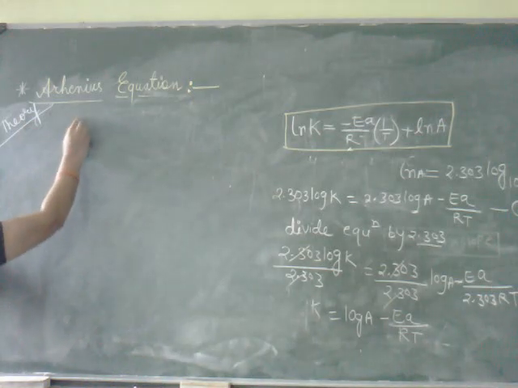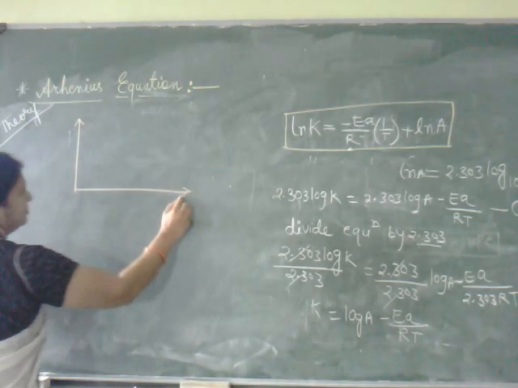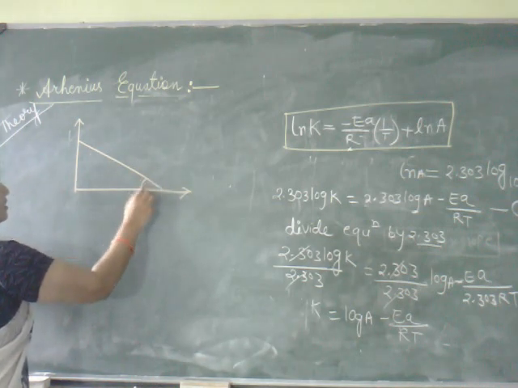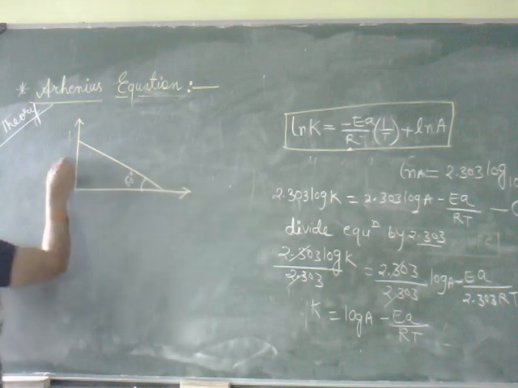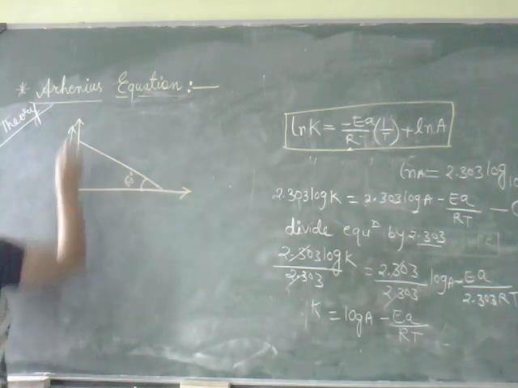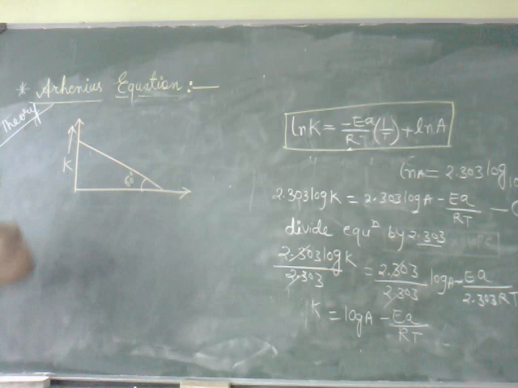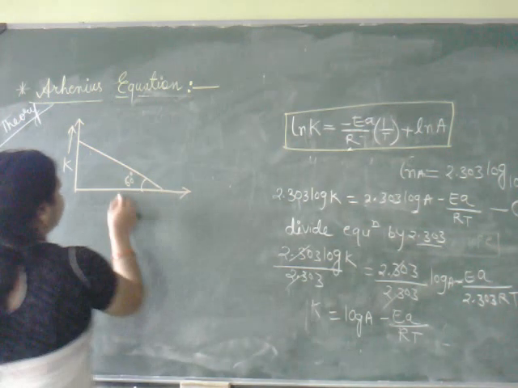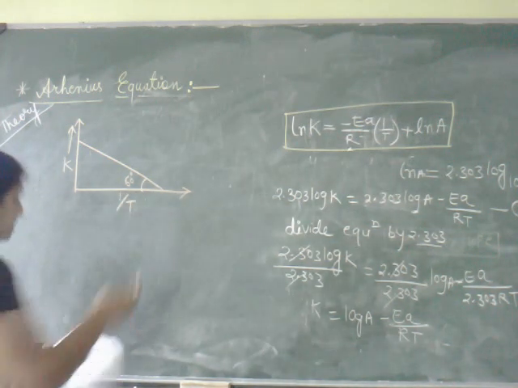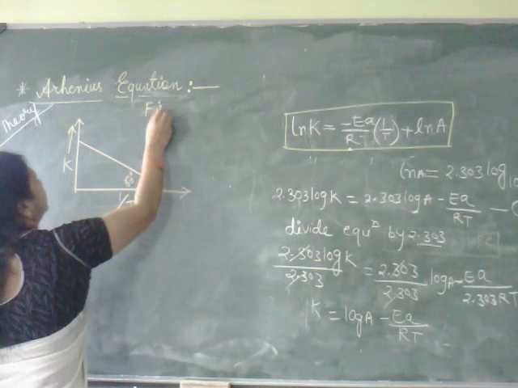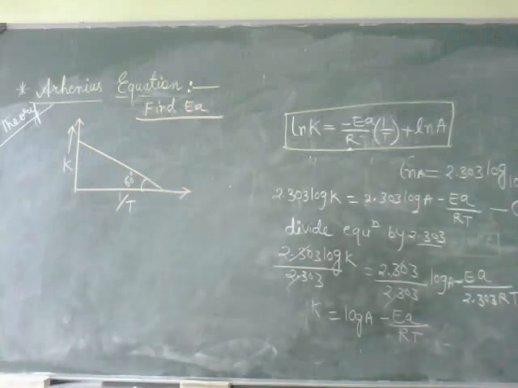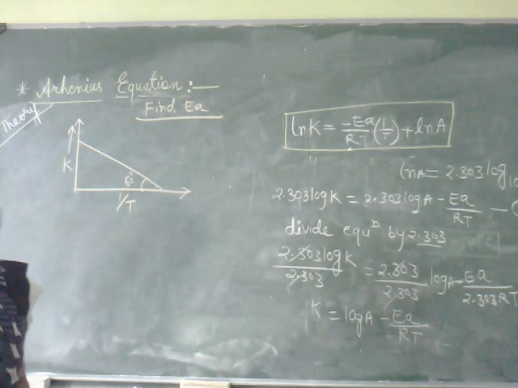They have given a graph in the question. The value given is 60 degrees, with log K on the y-axis and 1 by T on the x-axis. The question is to find the EA value.